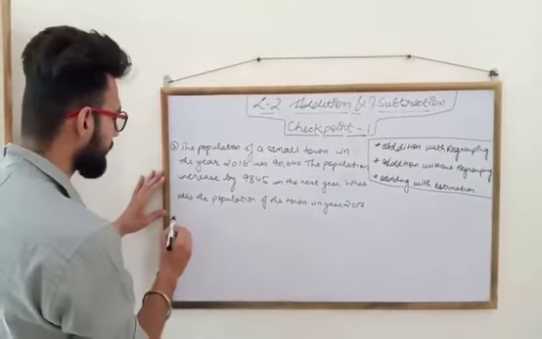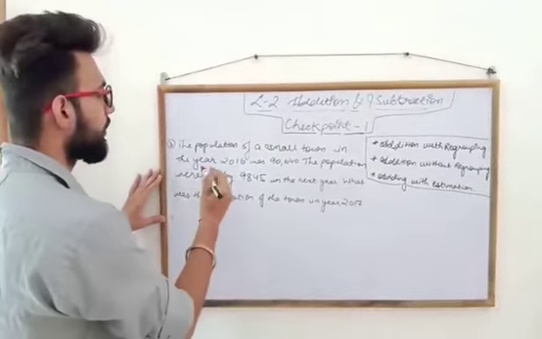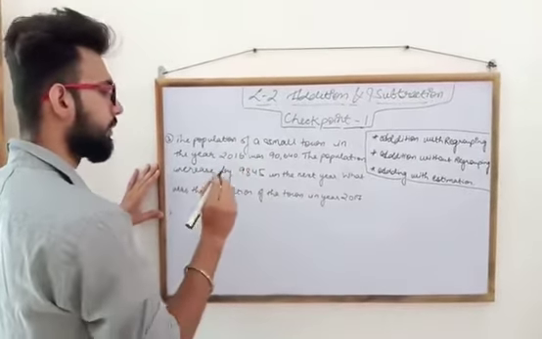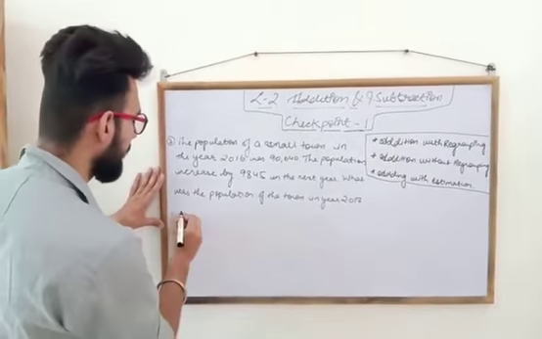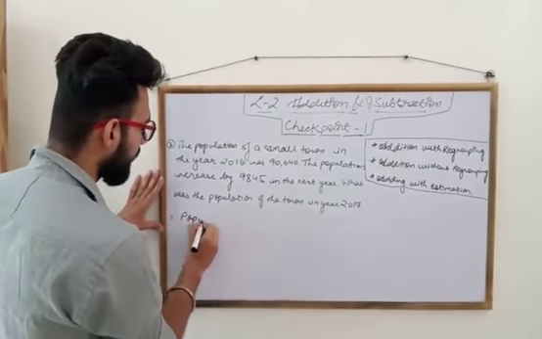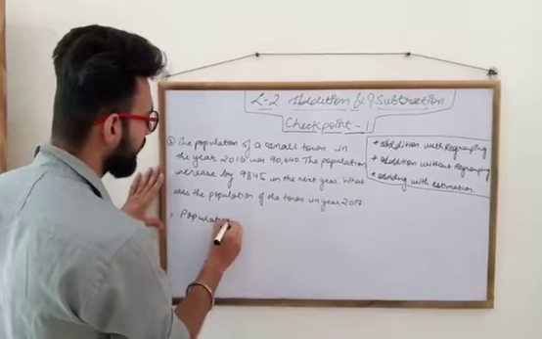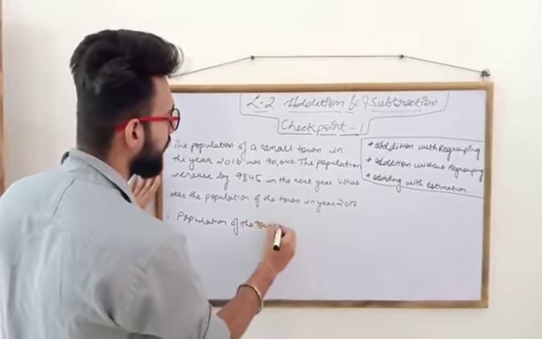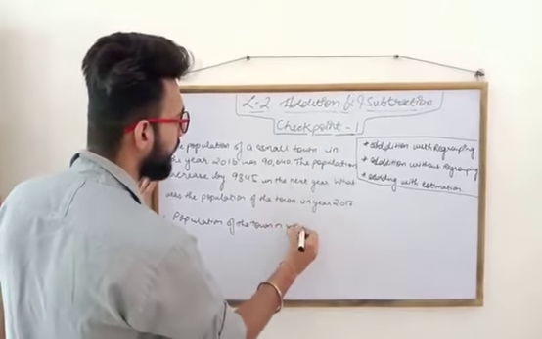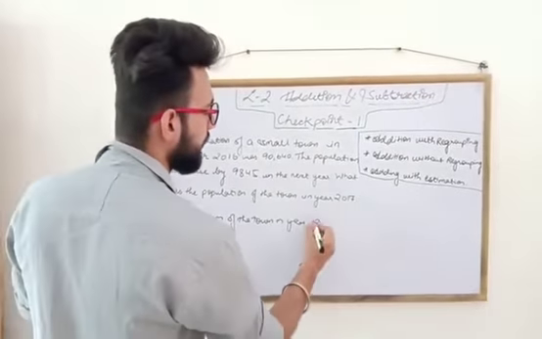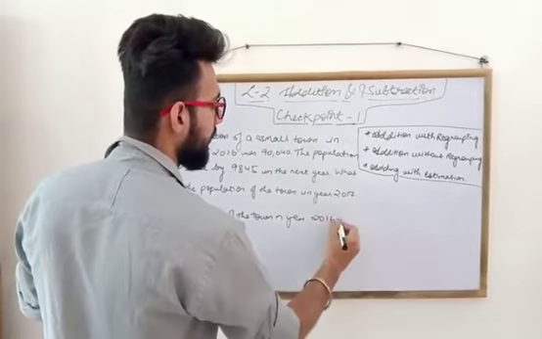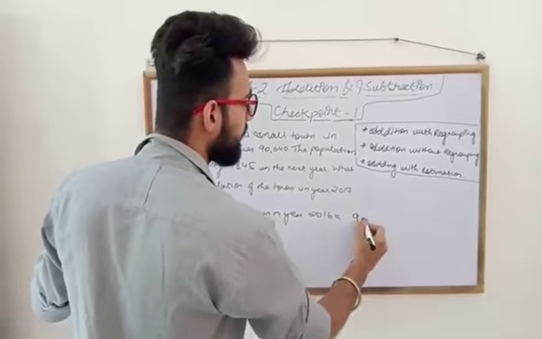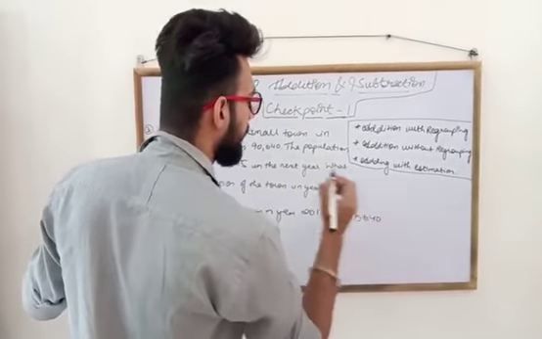So let's write the solution. So how we'll write the statements? Population of a small town in year 2016. So we'll write population of the town in year 2016 is 90,640.